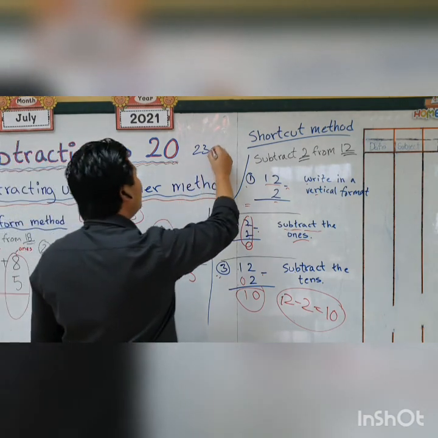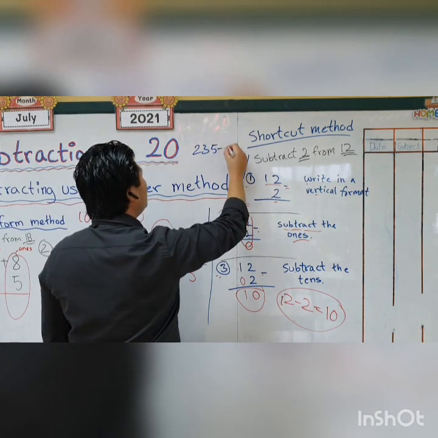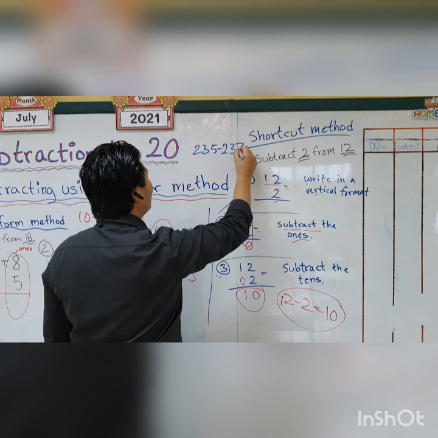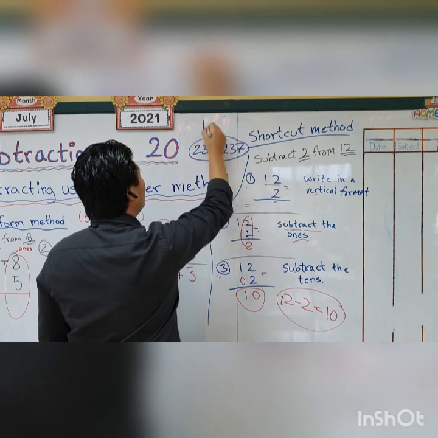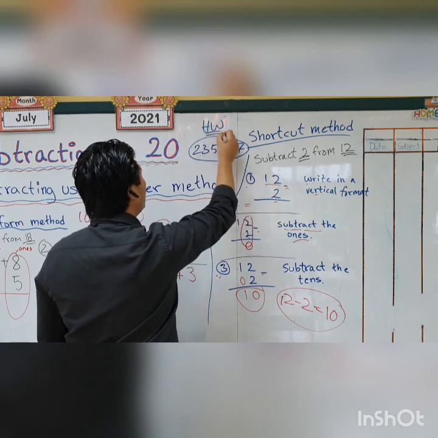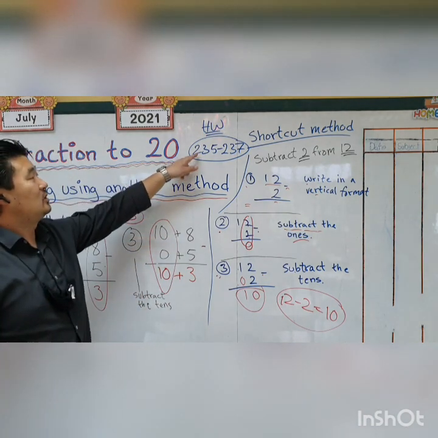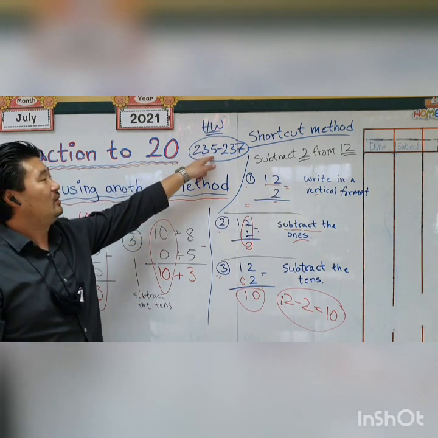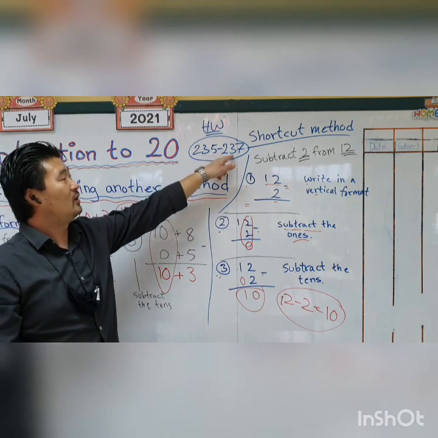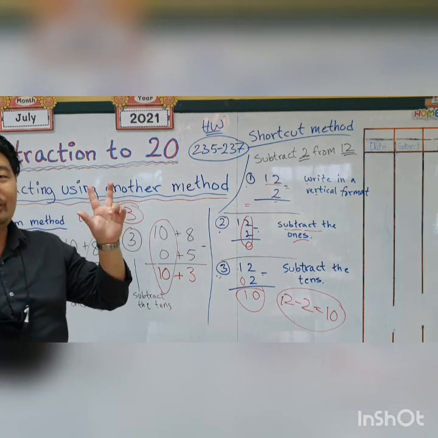So this will be your homework, pages 235 to 237. So 3 pages.